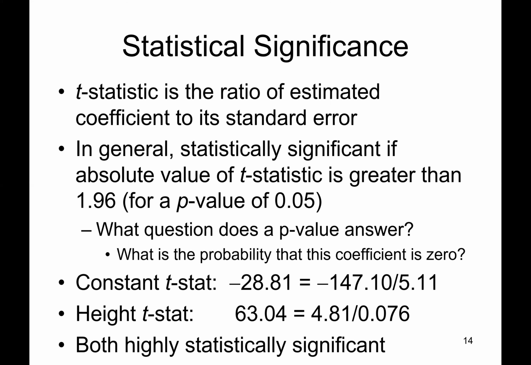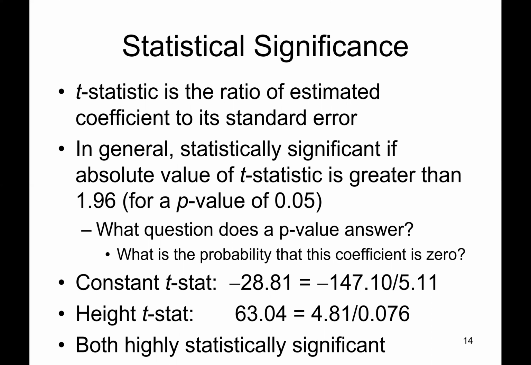In our context, they really answer a question: what's the probability that the true value of the coefficient that we just calculated is 0? In other words, that it has really no relationship at all to the outcome variable. Even if we change the value of height by a lot, if the coefficient were 0, those changes in height would have absolutely no effect on weight.